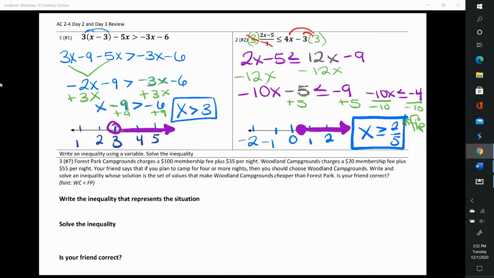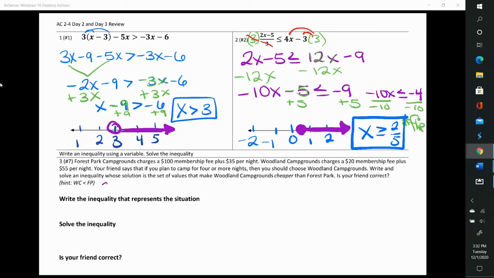For number 3, we want to write an inequality that models the situation. We're then going to solve it, and then we're going to determine if our friend is correct or not. Forest Park Campgrounds charges $100 membership fee plus $35 per night. Woodland Campgrounds charges $20 for a membership fee plus $55 per night.